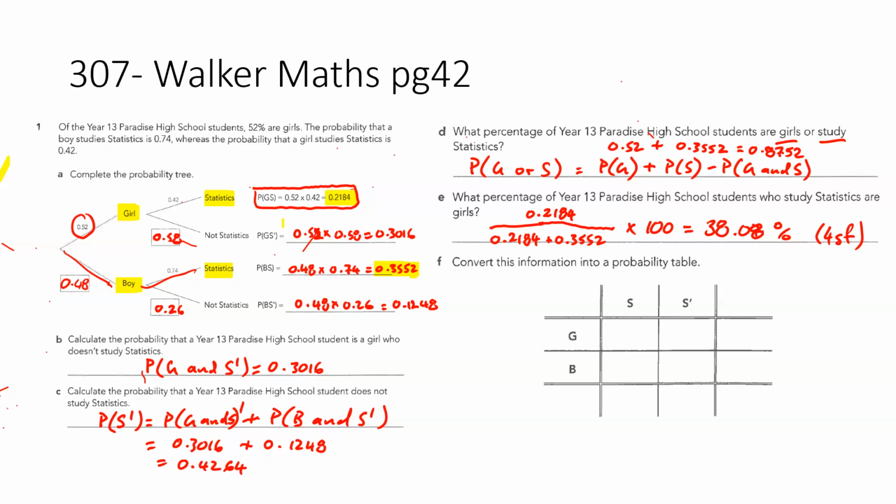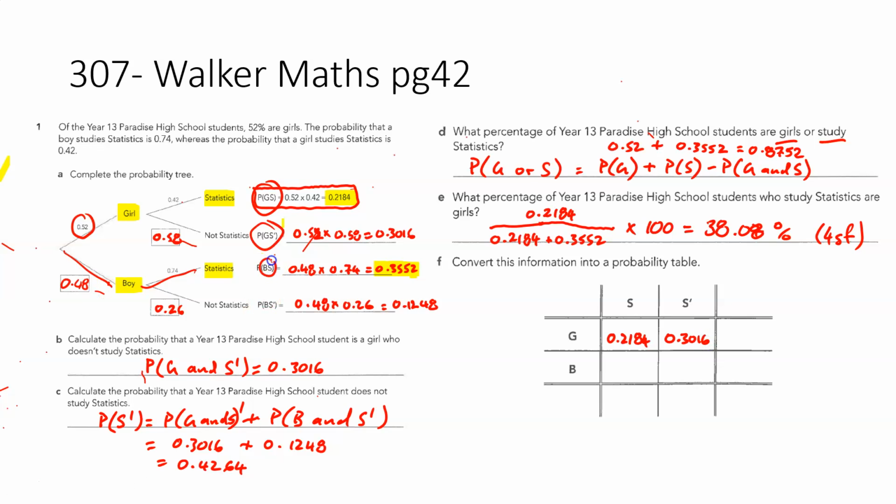And that's my answer. Now let's convert this information into a probability table. Basically, we just take that information that we've got there. So GS we write as 0.2184. G not S is this one, which becomes 0.3016.